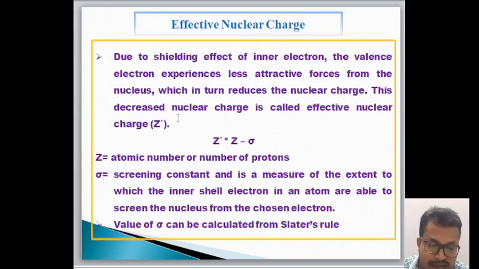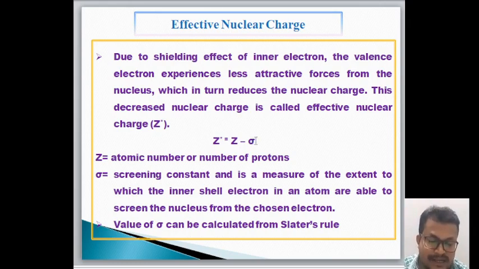The definition is here. The effective nuclear charge is represented by the symbol Z star, where Z is the nuclear charge, that is, the atomic number of that particular element, and sigma represents the screening constant, which we can calculate from Slater's rule.